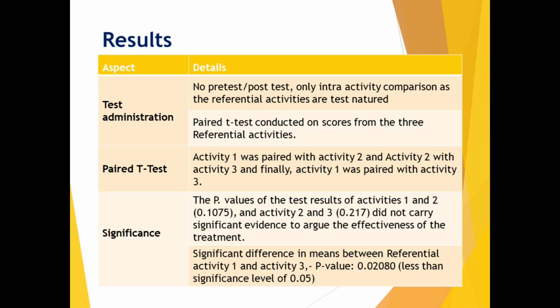The p-value for activities 1 and 2 was 0.1075 and for activities 2 and 3 was 0.217, which do not carry any significant evidence to argue for the effectiveness of the treatment. But a significant difference in means between referential activity 1 and 3 was observed. The p-value is 0.020, which is less than the significance level of 0.05.